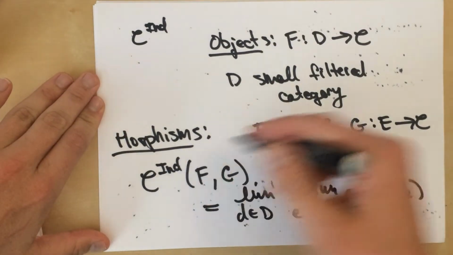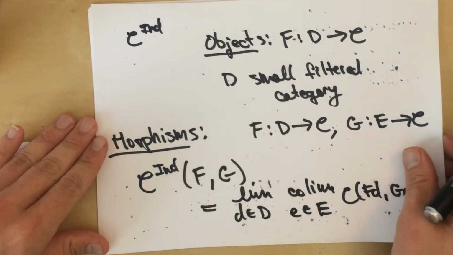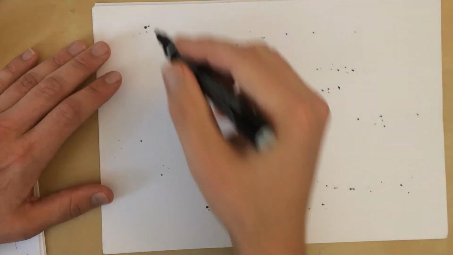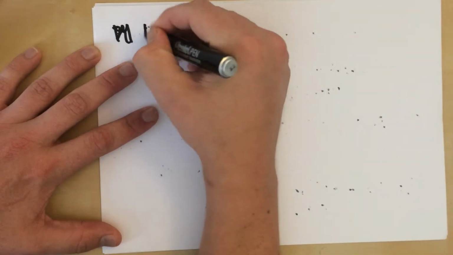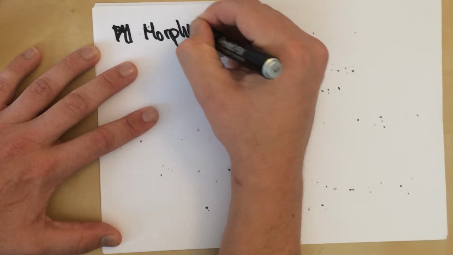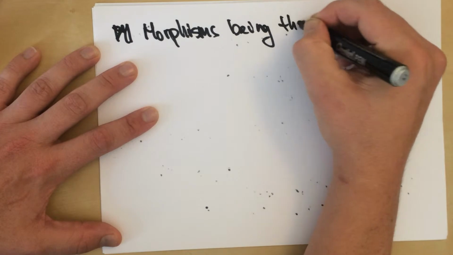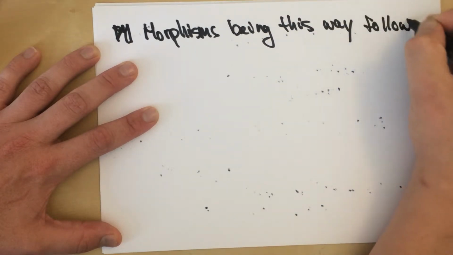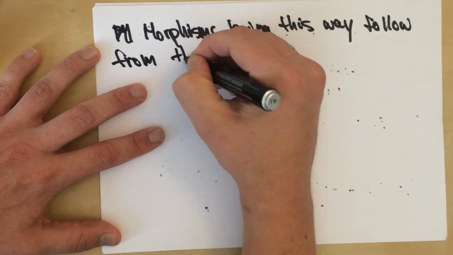Let me explain how you can get this. The requirement for morphisms being this way follows from three facts, three properties.